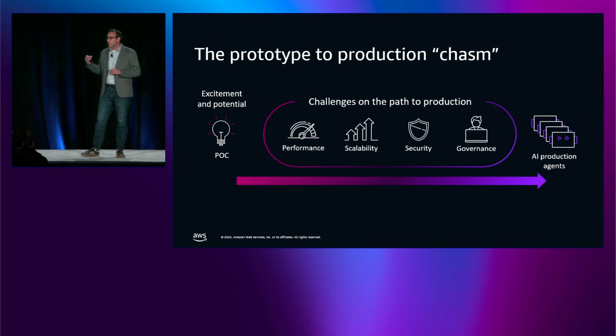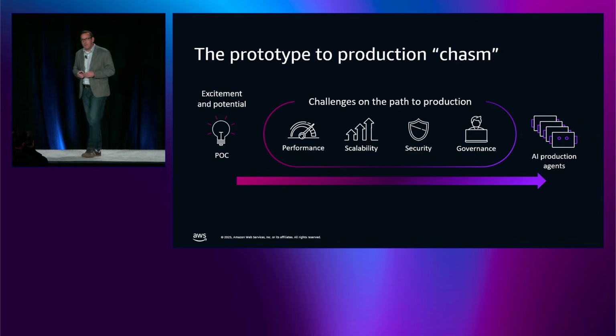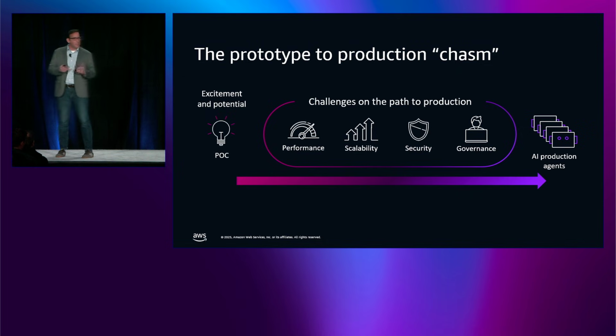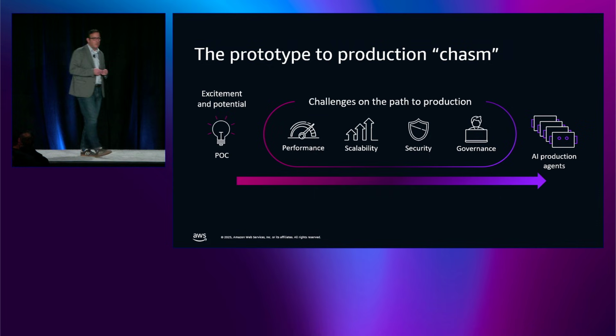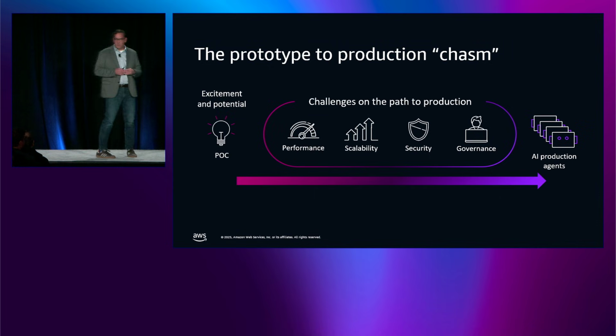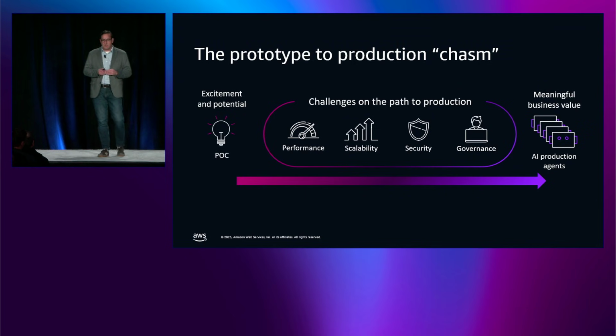There are problems with scalability because it behaves differently from regular applications. Security is a concern. All of a sudden you're opening up new attack vectors that you were not even aware of. And governance, you're violating particular regulations or policies within your organization. And we really fail to get any meaningful business value, again, because needing to build everything from scratch is incredibly challenging.